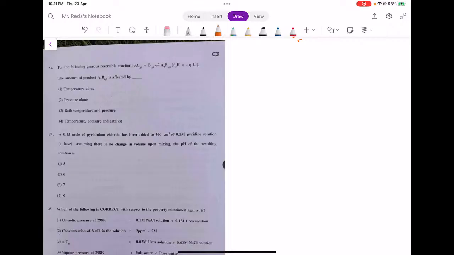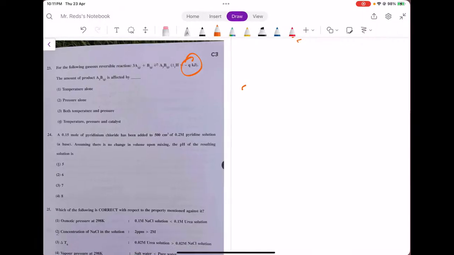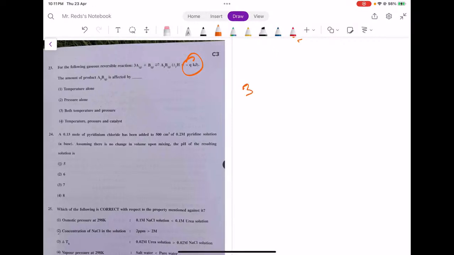Enthalpy of reaction is minus Q, which means it is an exothermic reaction. 3A plus B gives rise to A3B, delta H is equal to minus Q. This is the exothermic reaction.